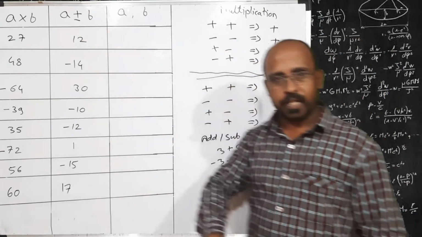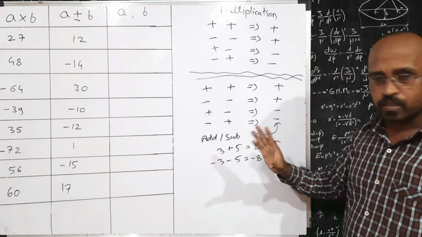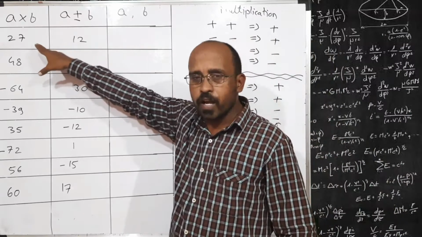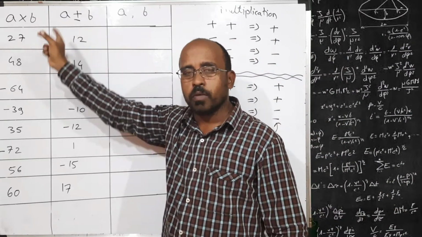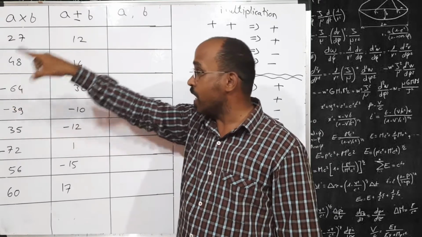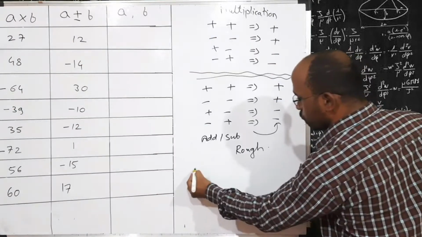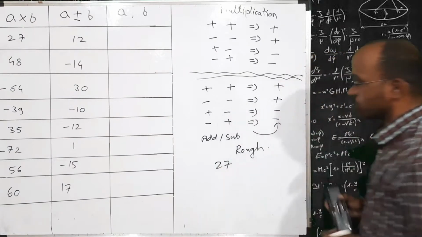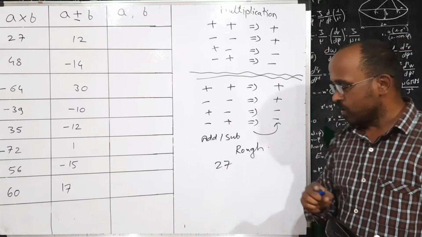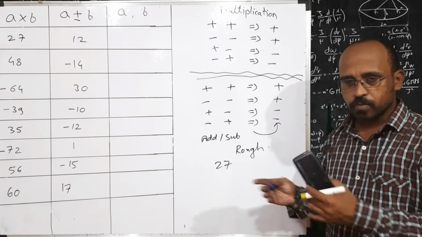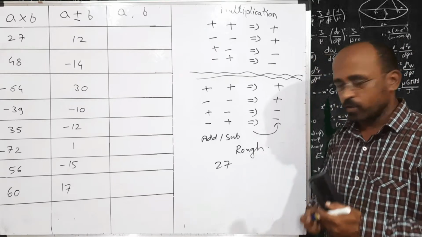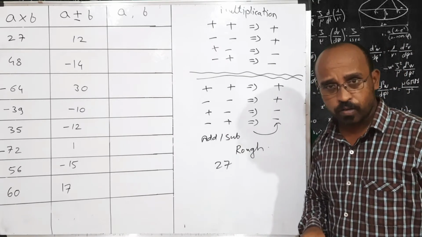Their addition or subtraction? The answer is addition. So we have to look for two numbers whose multiplication is 27 and addition is 12. Clear friends? We have to find the factors of 27 such that their multiplication is 27 and addition is 12.